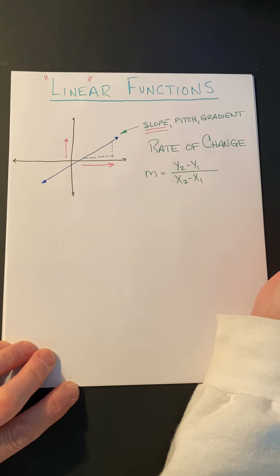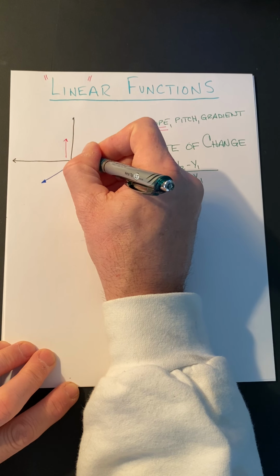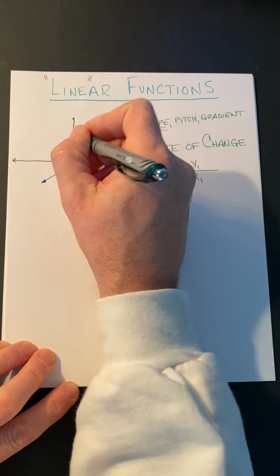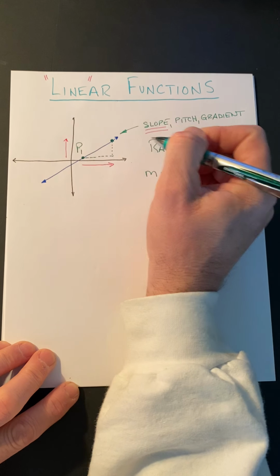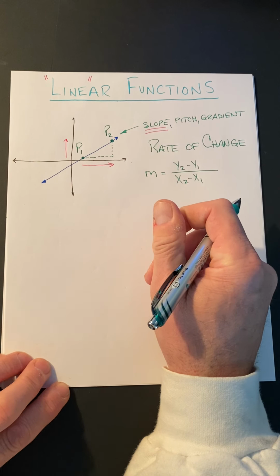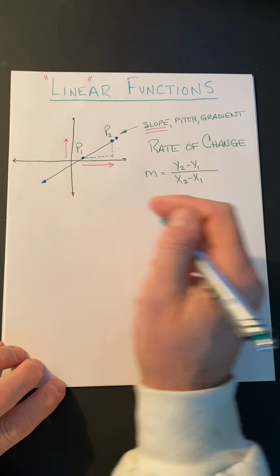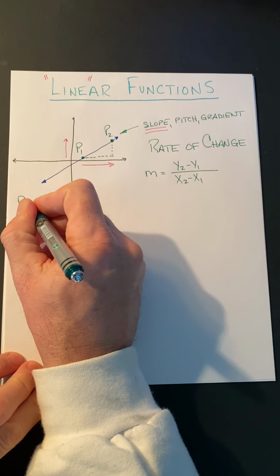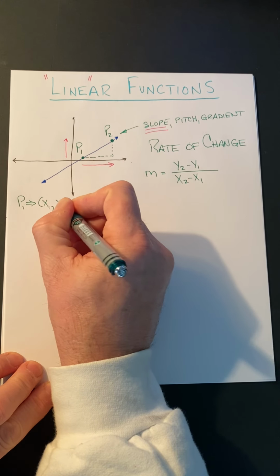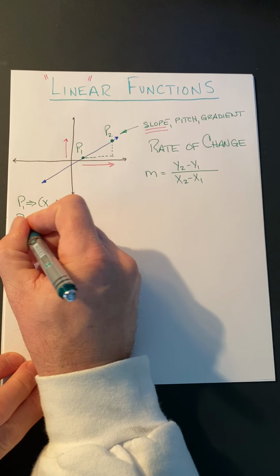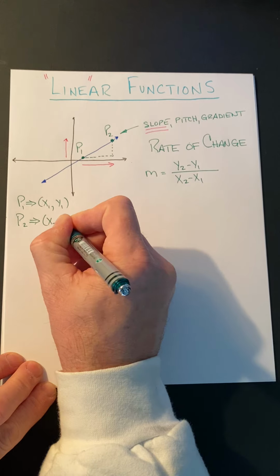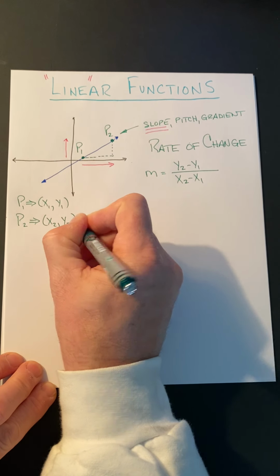So where did those terms, values come from? Well, let's look at this point and this point. If I call this guy P1 or point 1 and that guy P2 or point 2, point 1 is going to have the coordinates x1, y1, and point 2 is going to have the coordinates x2, y2.